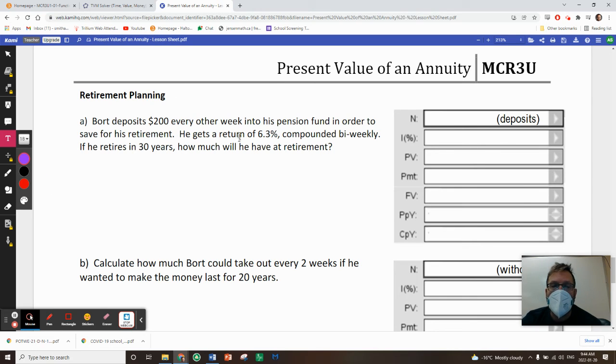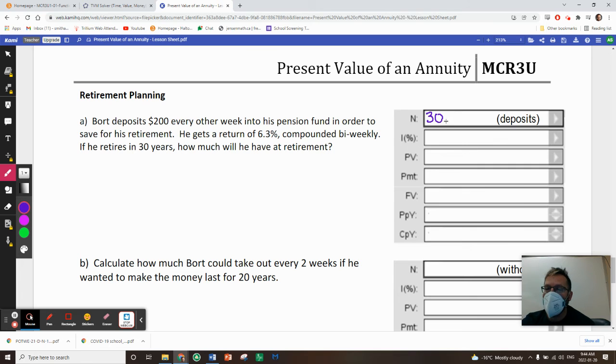into his pension fund. He gets a return of 6.3% compounded bi-weekly. If he retires in 30 years, how much will he have at retirement? So we can handle this. Let's dive in. He's making bi-weekly deposits for 30 years. You guys remember how many times a year bi-weekly is?